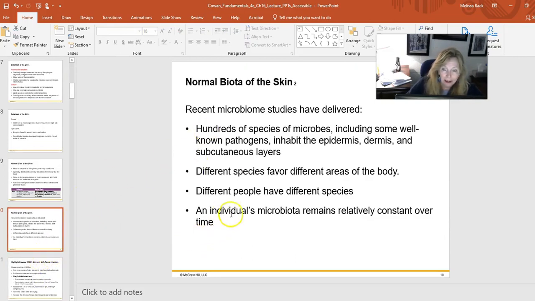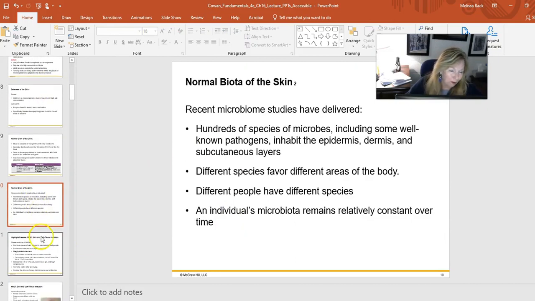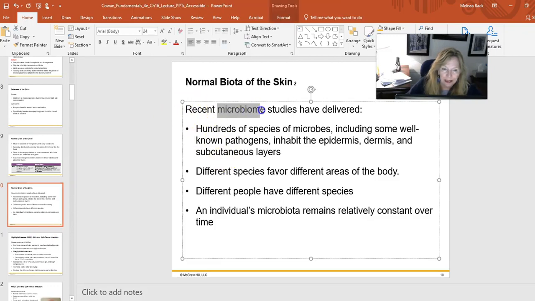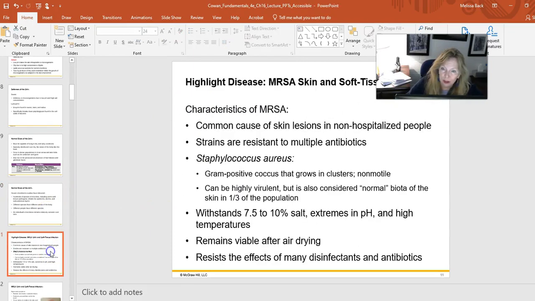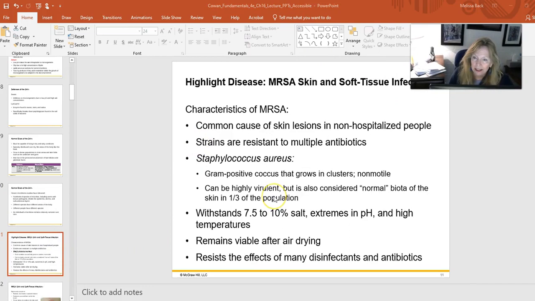So this is a quick review of the normal structure of skin, and we understand that everyone has their own unique microbiomes that are studied, and it's changing all the time depending on the environment and the overall health of the individual. But we do understand that many of the diseases we see of the skin are because of opportunistic pathogens.